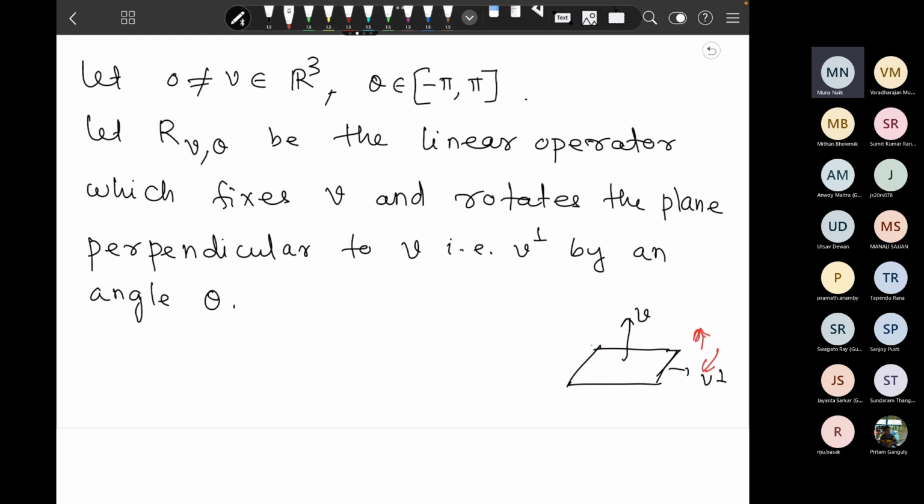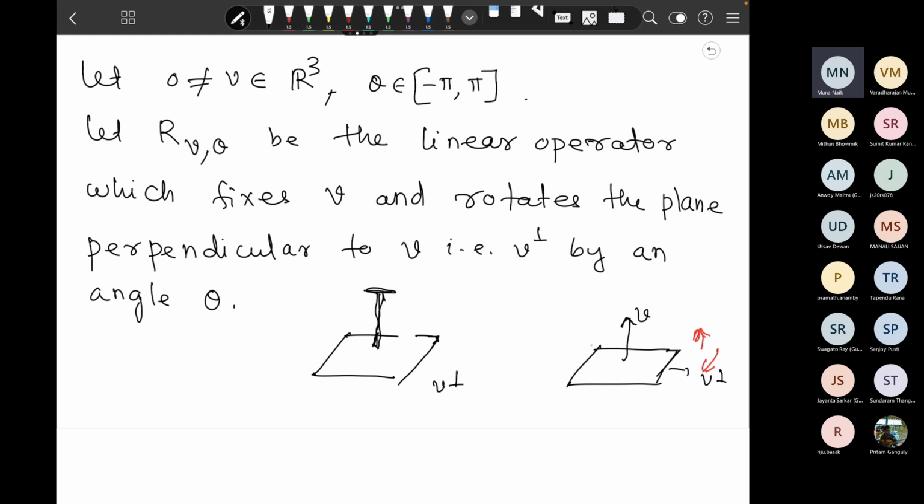What one does is, in place of this vector v, you just imagine a screw, with the head of the screw being the arrow of the vector.